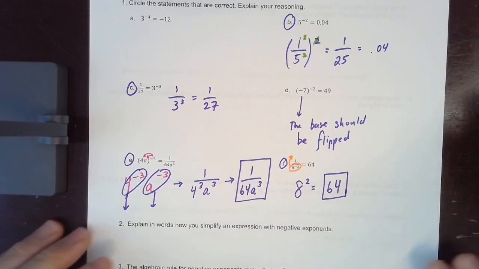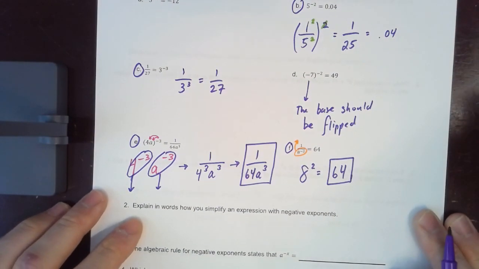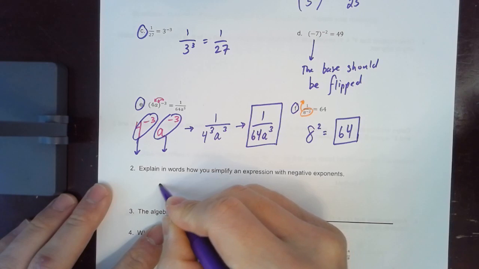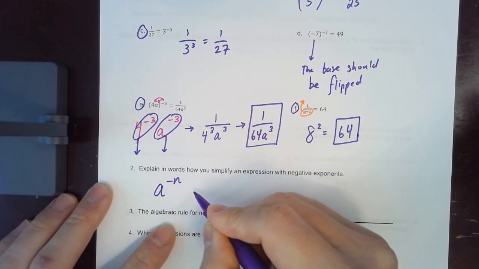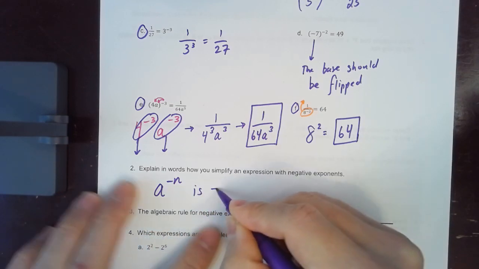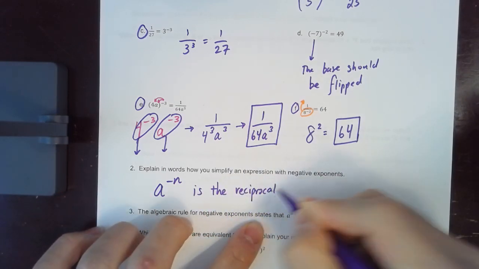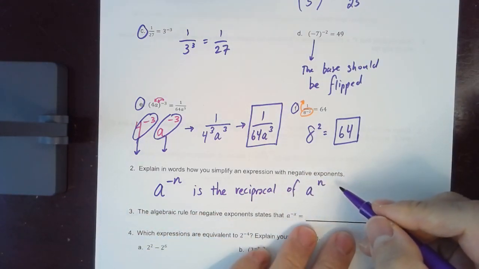All right, so that was a little bit of an intro to negative exponents. Explain in words how you simplify an expression with negative exponents, right? So let's use an example. A to the negative n is the reciprocal of a to the n, right?